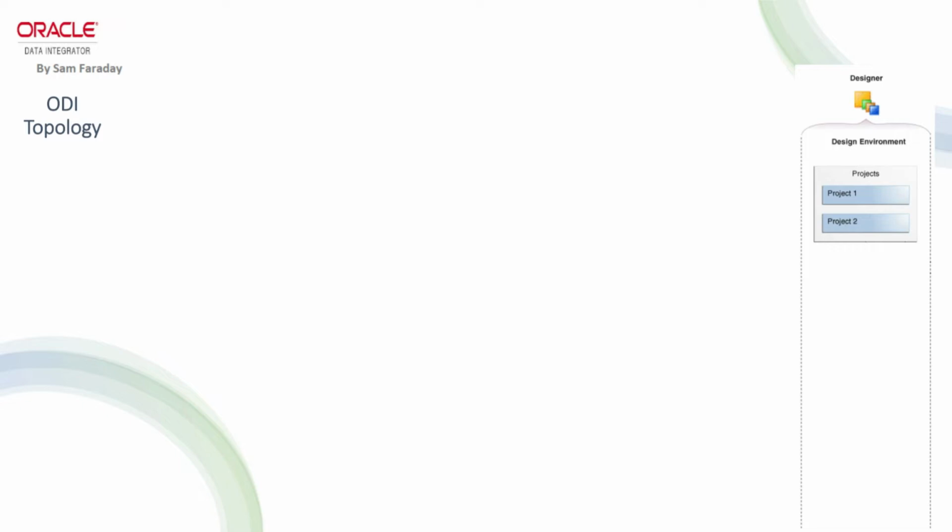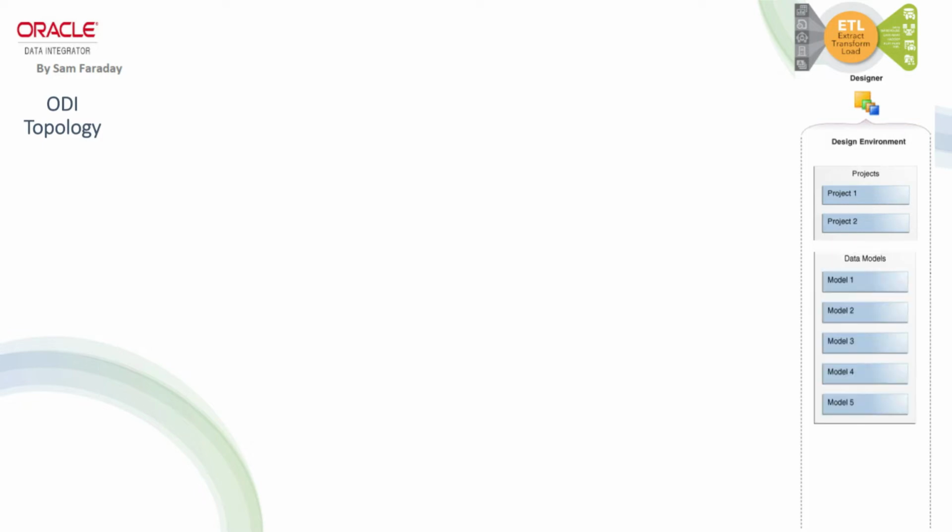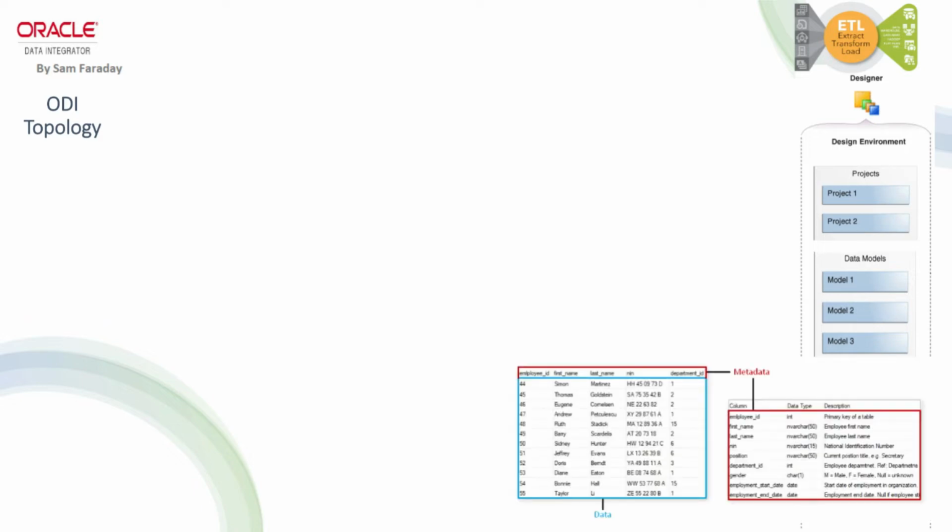To work with ODI so that ODI can do the ETL work, extract, transform and load tasks, it needs to work with data models. But what are data models? Data models are nothing more than metadata.